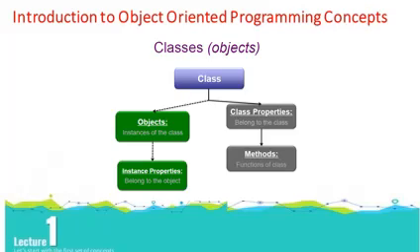Now every object in a class has some property. So the class also has some properties, and methods, meaning the functions which are going to operate on that class.